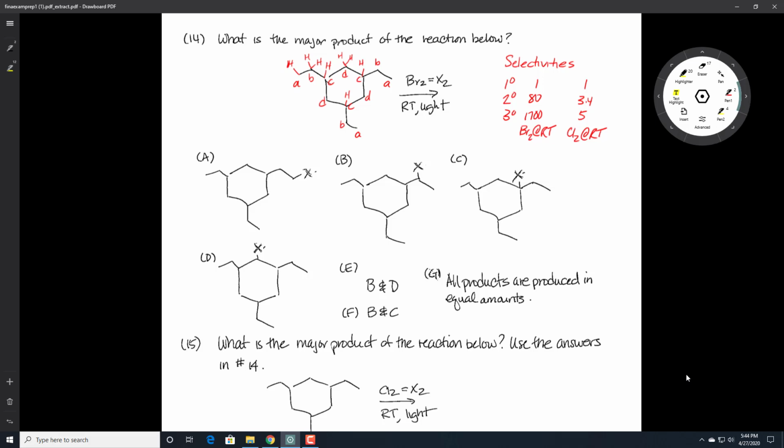So let's take them one at a time. For looking at the percentage of A, remember we take the number of hydrogens and multiply it by the selectivity for that position, and in this case with bromination. For A, there are 3 hydrogens on each one of those methyl groups. There are 1, 2, 3 hydrogens, which means there's 9 times a selectivity of 1.